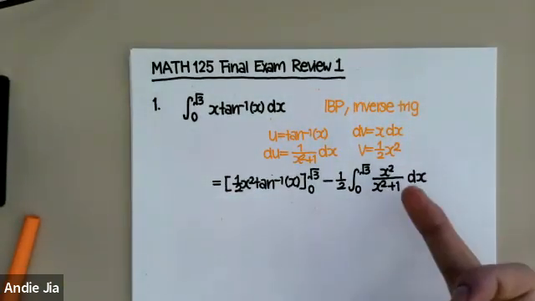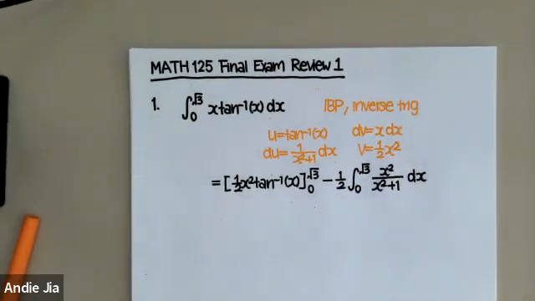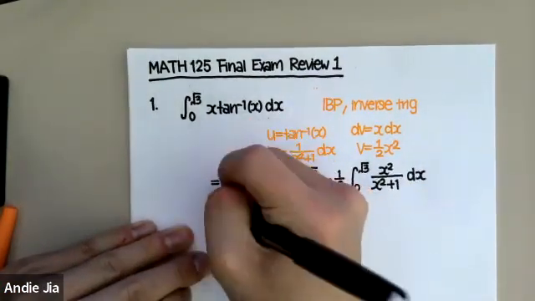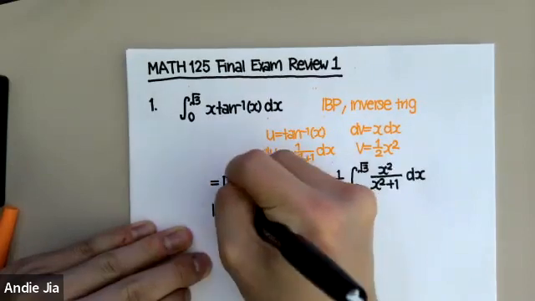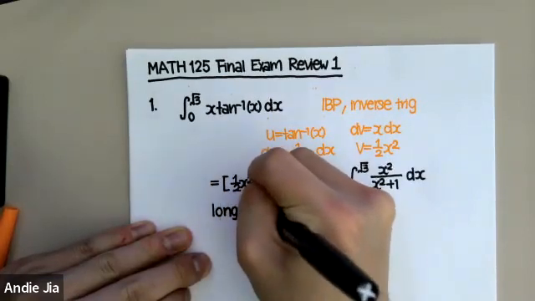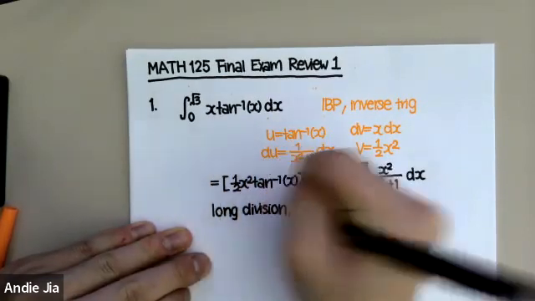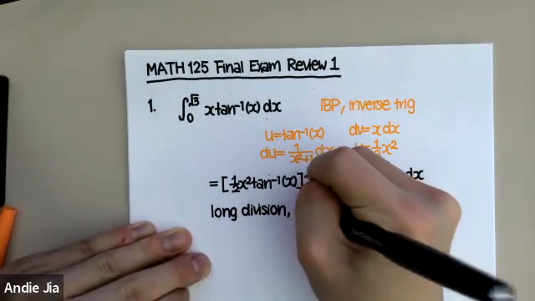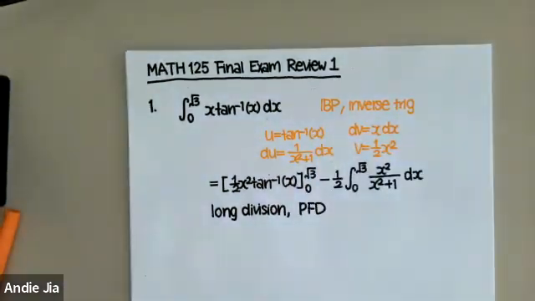If the top and bottom have the same degree of power, use long division first, then partial fraction decomposition, PFD, which I call partial fractions.